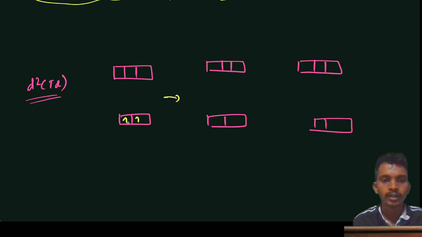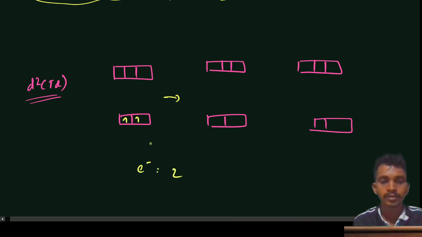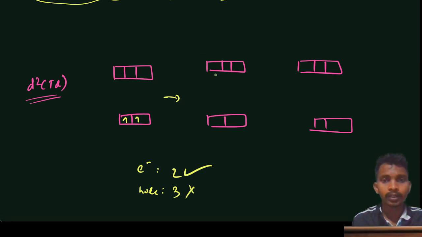Now I am doing electron 1 transition. How many transitions are possible for the electron? 2 transitions, and for the hole we have 3 possible. We will discuss according to the electron, not according to the hole. So I will do the transitions. If I do one transition, this will go here. Another transition, this.